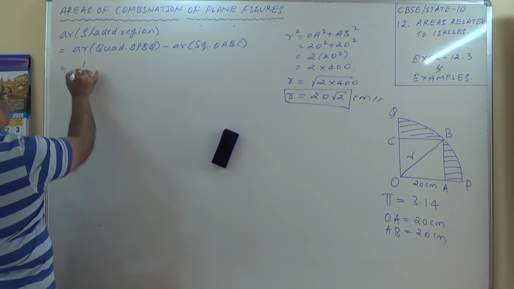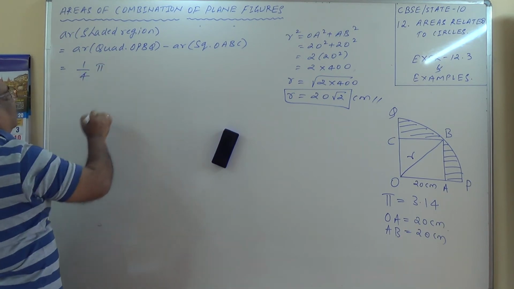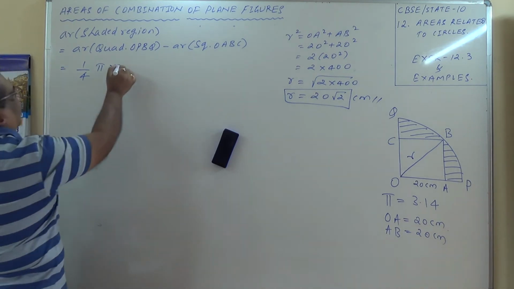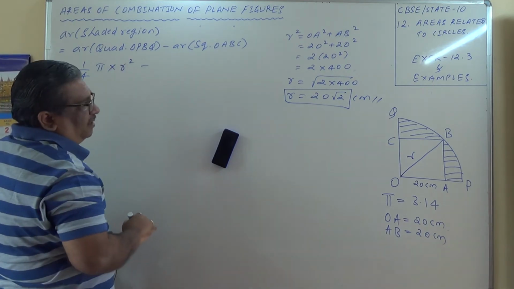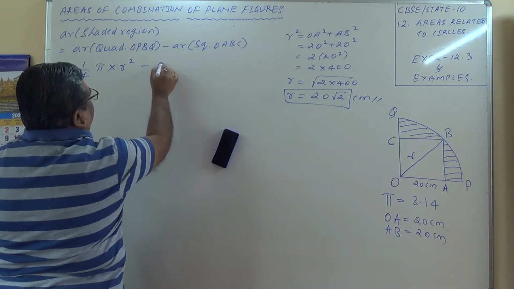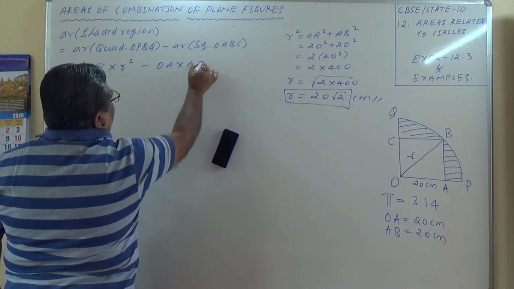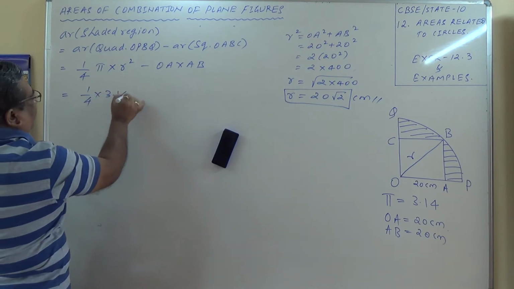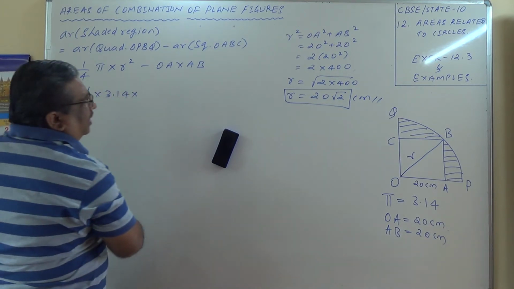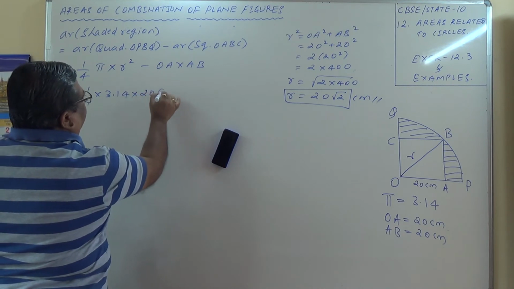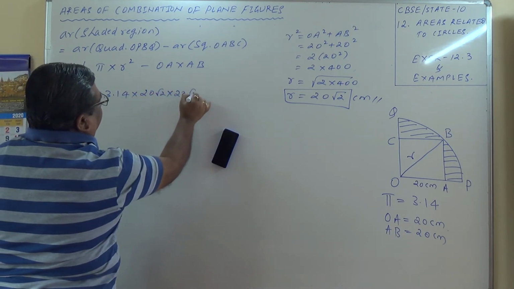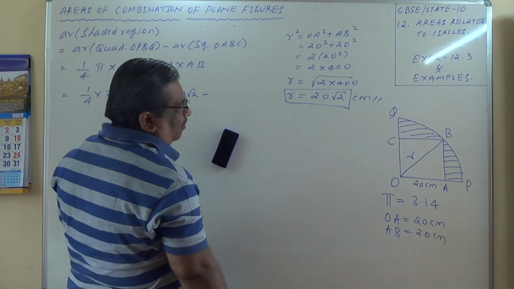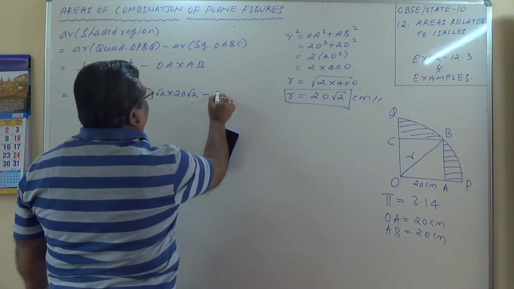So area of the quadrant is 1/4 pi into r square. Minus area of the square is OA into AB. So 1/4 into 3.14 into radius is 20 root 2 into 20 root 2 minus OA into OB, 20 into 20.